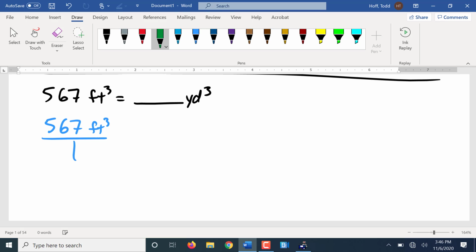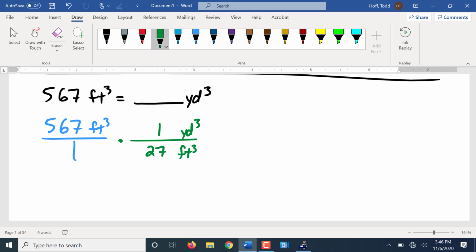Well, to figure out what our conversion factor has to be here, we're getting rid of the cubic feet. We'll put them on bottom, going to cubic yards. Which is the bigger unit, a yard or a foot? Yards. So we're going to put 1 with the yards. How many feet are in a yard? 3. So this is cubic, so it's going to be 3 by 3 by 3. 3 times 3 times 3 is 27. There we go.